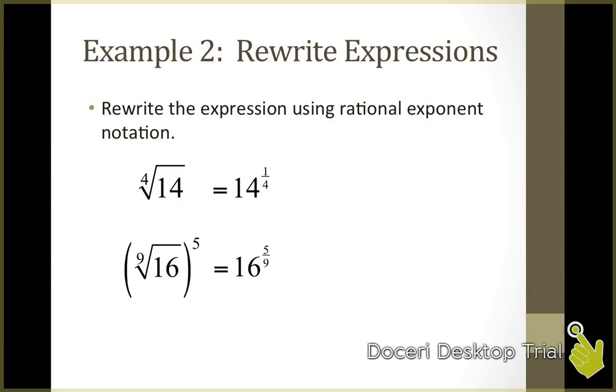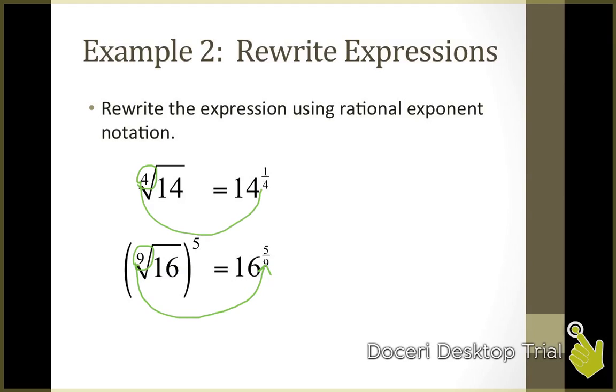And the easiest way, I think, to remember this is that the number that we have here is the index, indicates what root we're taking. So when we're talking about writing the fraction as an exponent, I like to think of trees. Trees have roots on the bottom. So whatever our root is here is going to be our denominator here.